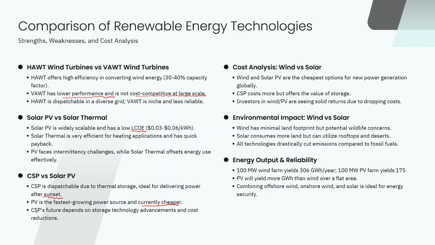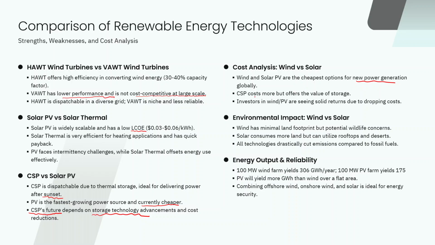Okay. And the future of the concentrated solar power plant will strongly depend on the storage technology and the advancement of these storage technology. Okay. If you look at the cost of wind and the solar, so wind and the solar PV are the cheapest option for new power generation globally, right?